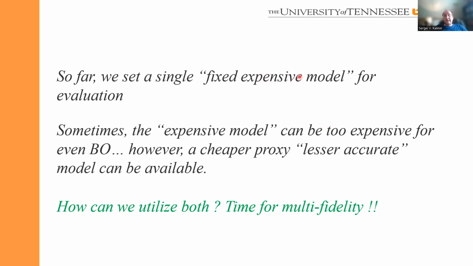But in many experimental scenarios, we have a much more nuanced situation. So for example, we can have the expensive model that we want to evaluate, but we also have a cheaper model, which is less accurate, but is much easier to measure. A simplest example of this scenario would be something like hybrid perovskites that I have shown.